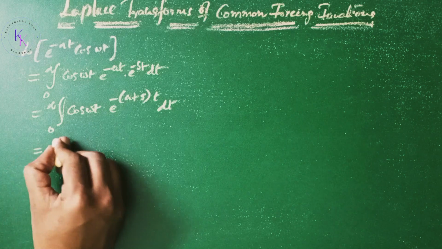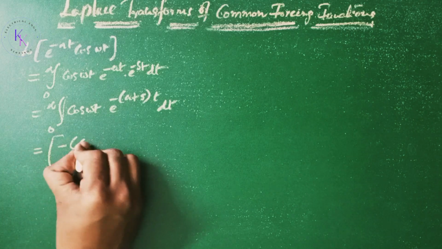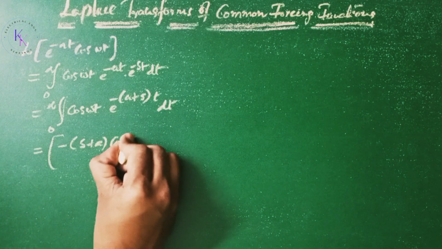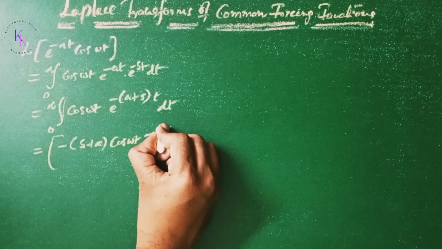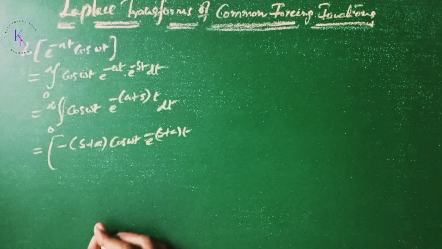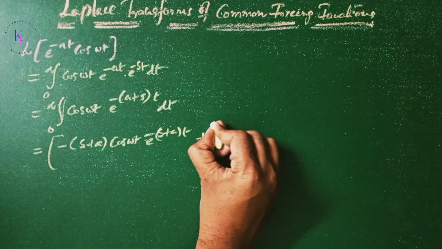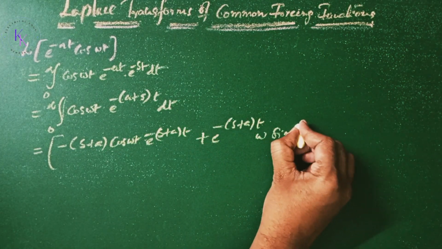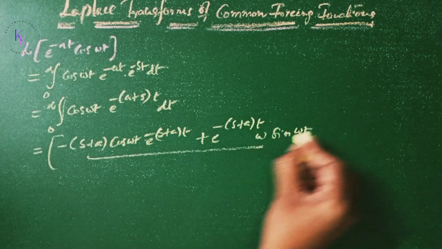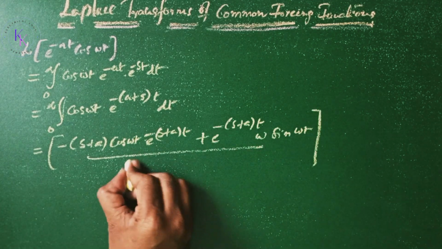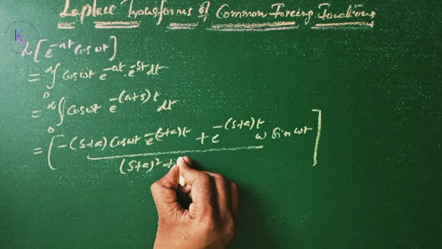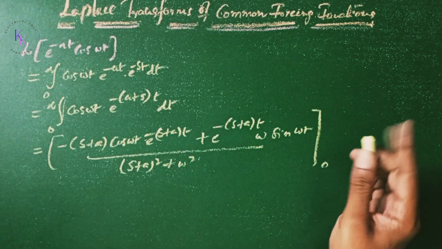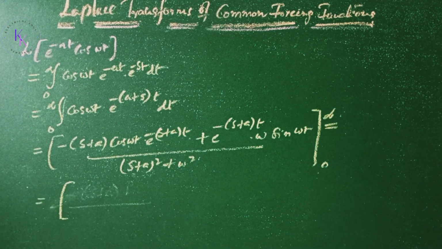Then, when you solve this, we get 1 by s plus a whole square plus omega square times s plus a cos omega t e power minus s plus a of t plus e power minus s plus a of t omega sine omega t, between the limits 0 and infinity.